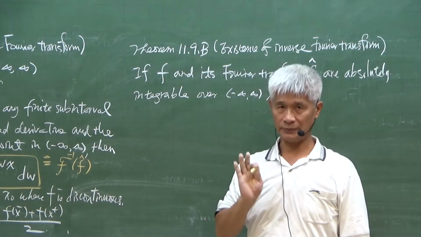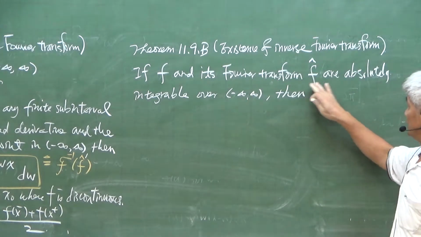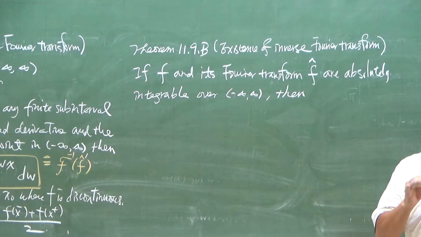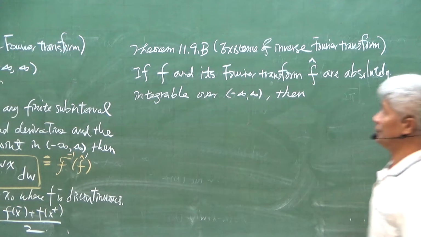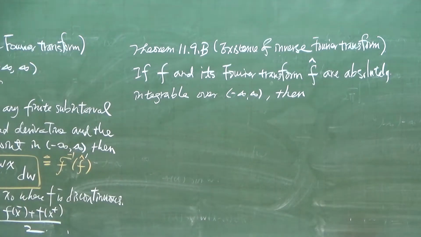If f is absolutely integrable, we know its Fourier transform exists, and we know that the Fourier transform is uniformly continuous and very nice, vanishing at infinity. But it does not guarantee that f hat is absolutely integrable. You can find many counterexamples.